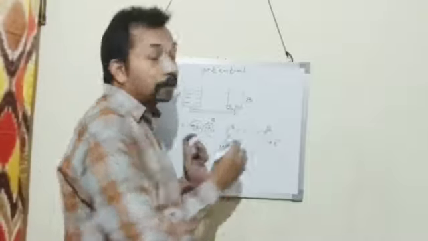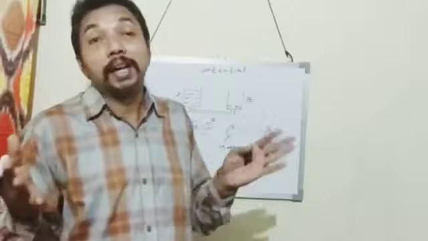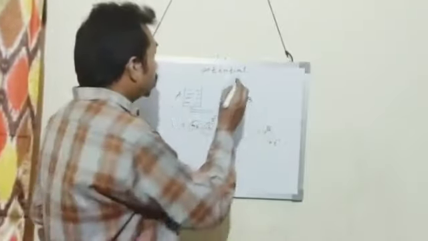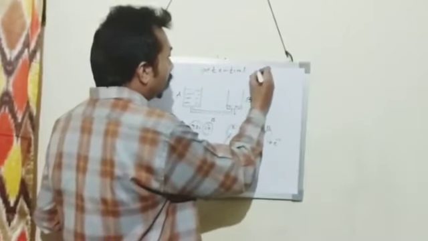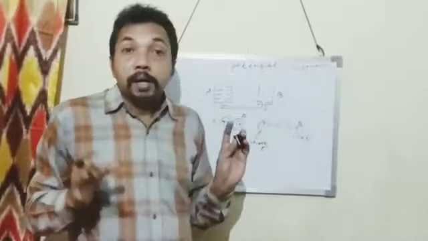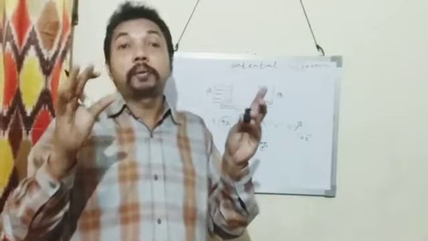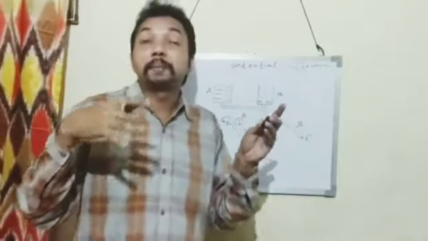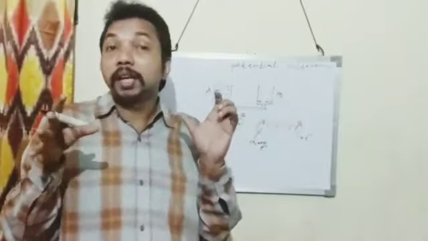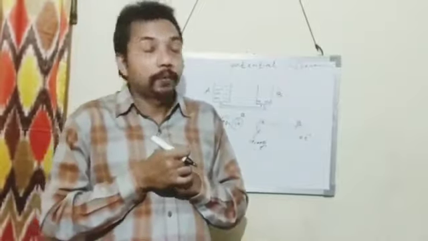If there is a difference in the concentration of electrons, then only there can be flow of electrons, which is called a potential difference. So, for the flow of charge or current, there must be a difference in the electric potential. Then only the flow of current can take place.